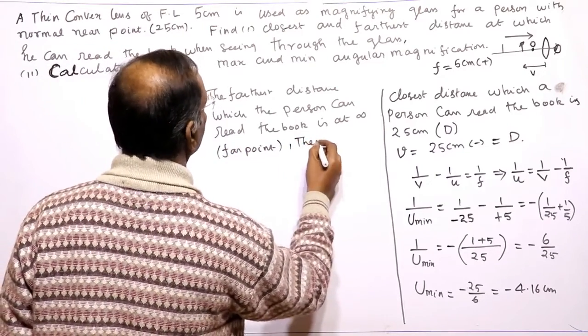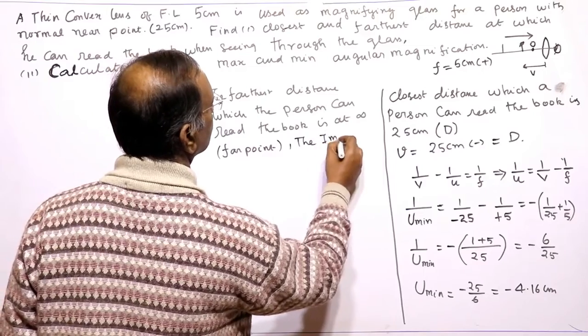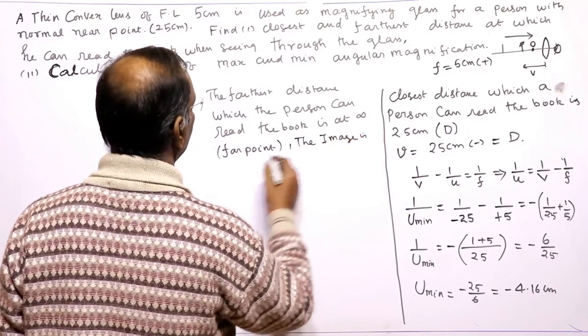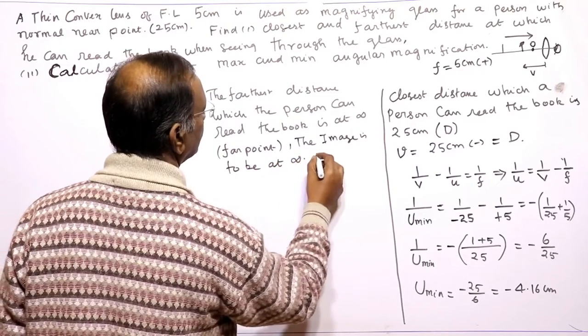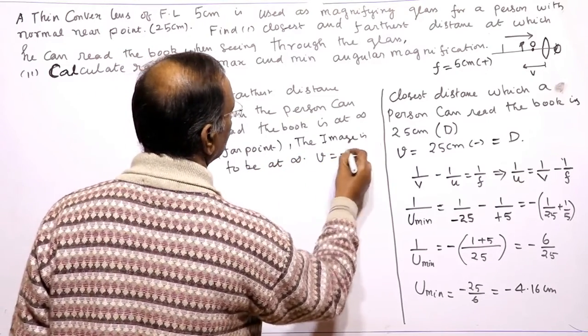Therefore, the image is to be at infinity, that is V is equal to minus infinity.